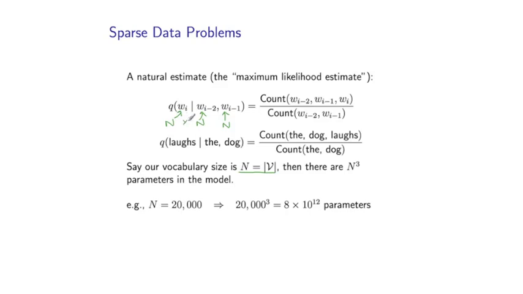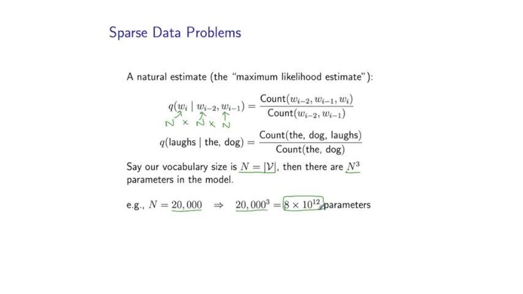But as a good estimate, we have n times n times n. We have n cubed parameters in the model. And so, for example, if we have a vocabulary size of 20,000, we have 20,000 cubed. That's 8 times 10 to the 12 different parameters. So that is a very large number of parameters, irrespective of how much training data we have. This is going to be a very large number in comparison to the number of training examples that we have.